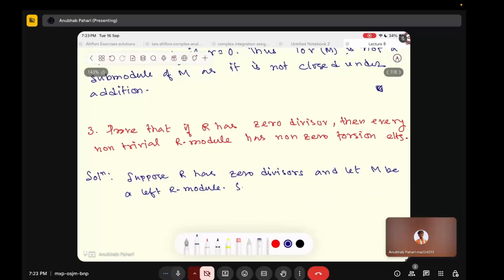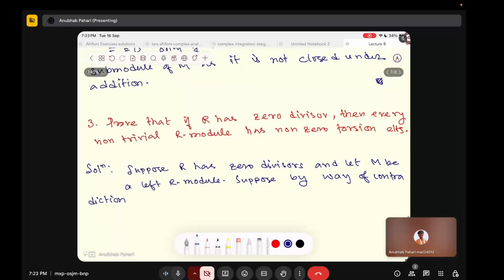Suppose, by way of contradiction, that the torsion of M equals 0.